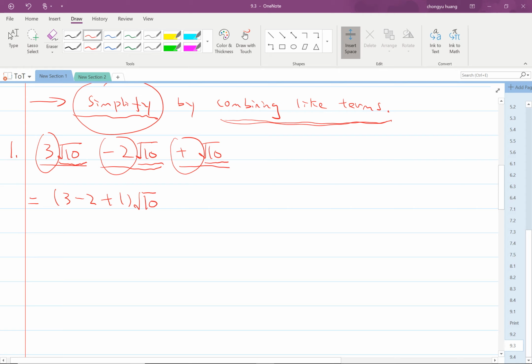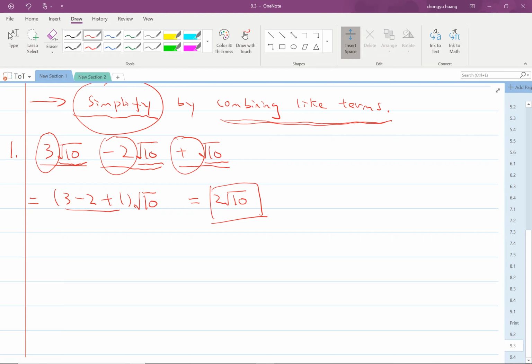The coefficients are 3, negative 2, and positive 1, and what we get is 2. So our final solution after combining those terms is 2 square root of 10.